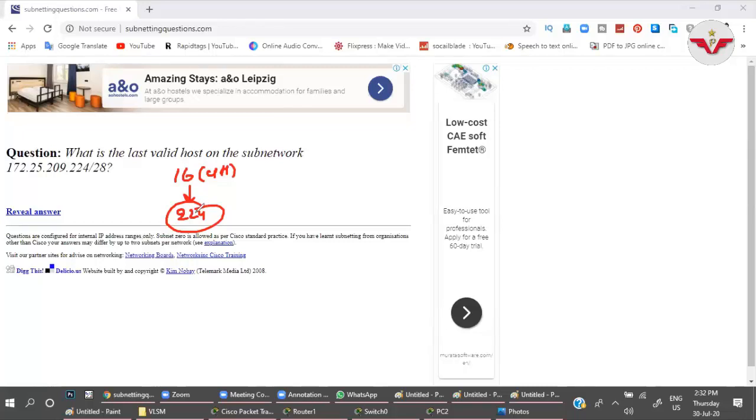So I have to reach 224 with a jump of 16. As I have a jump of 16, I get the first network 0 to 15, the second 16 to 31, and so on. I have to reach 224, still I am very far. I know 16 times 5 is 80. So 160 plus 80, I will be on the 240 to 255 network. But that IP does not belong to this network, right?